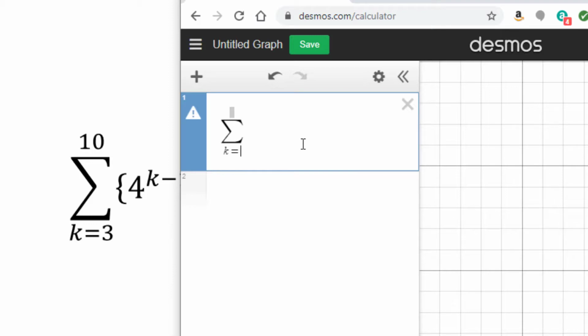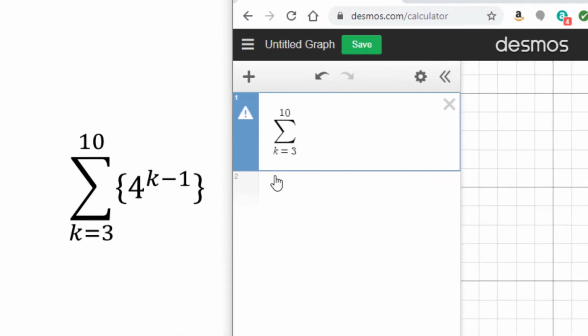Or I could just use X, or I could use whatever letter I want. So make sure that you pay attention. This started at K equals 3. So if we were finding this by hand, what we would need to do is start by plugging in 3 and then plug in 4, then 5, then 6, and do that all the way to 10. I'm going to go ahead and put parentheses to make sure that it does this the way I want it to. 4 to the, I'm going to put parentheses again.